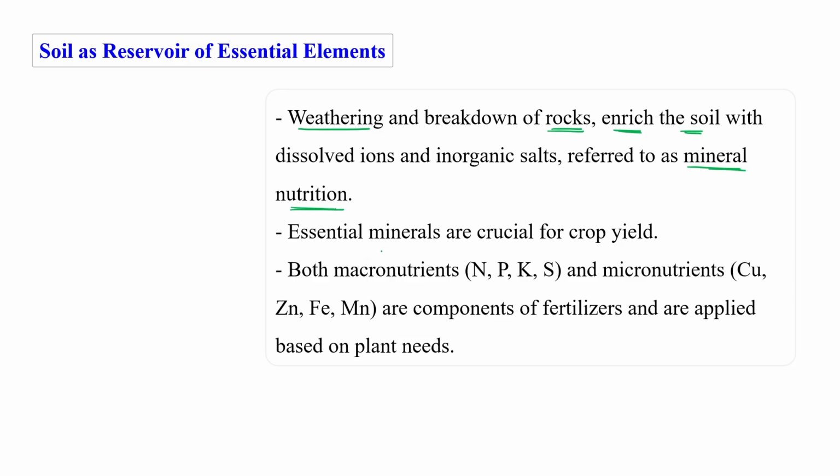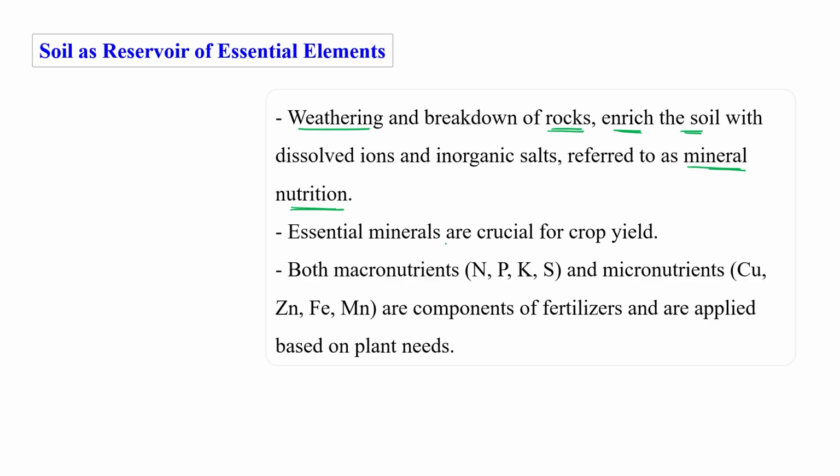So essential nutrients or essential minerals, as we already discussed in part 1, some minerals come under the essential category. Some are required in a large amount, known as macronutrients. Some are required in a low or micro amount, known as micronutrients. But both types of nutrients, macro and micro, are required by the plant for healthy growth.